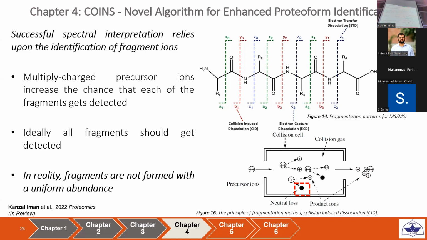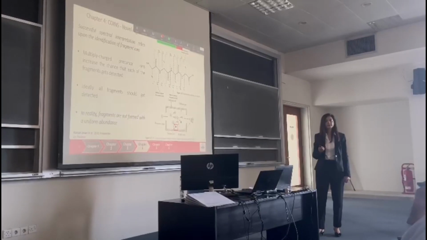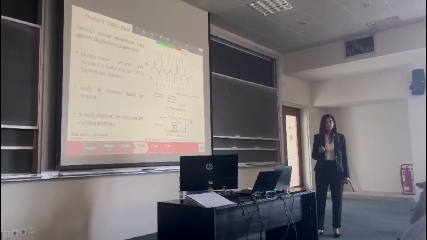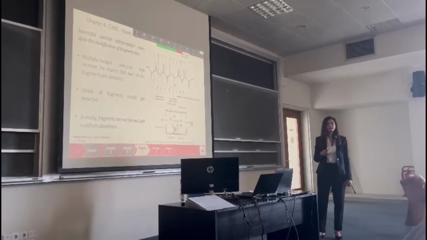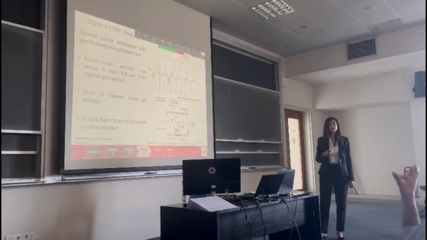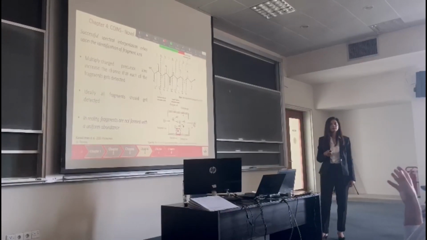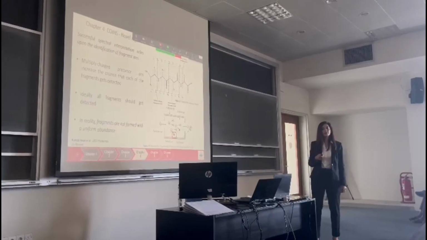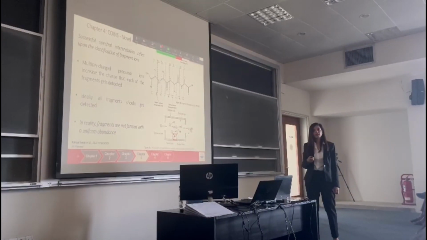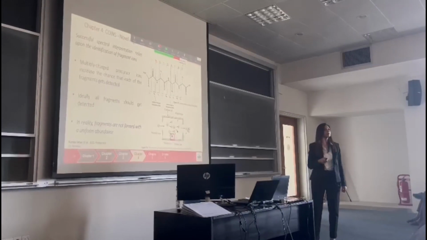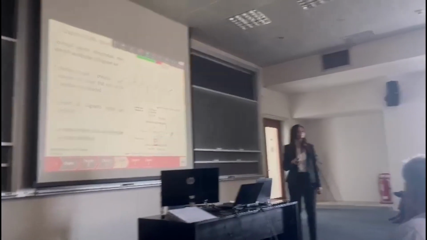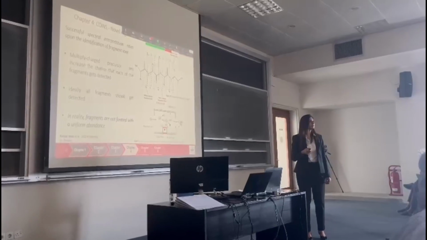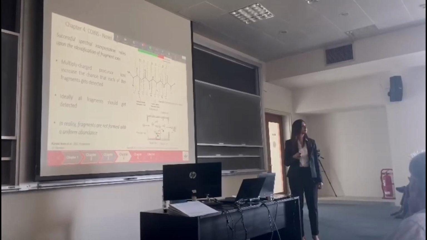Let's say you still have many fragments of the protein, many small ones because of the collision of the protein with the gas. Or you have bigger fragments, let's say 3 or 4 fragments of the protein.